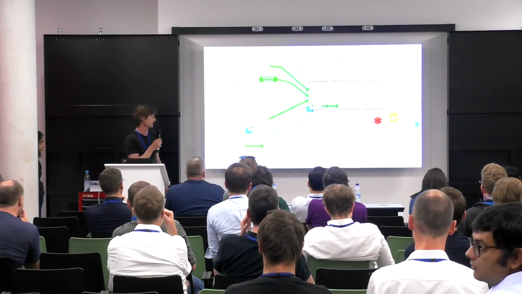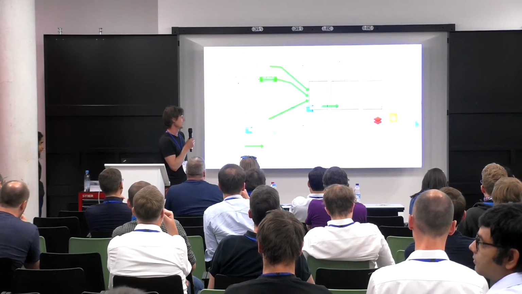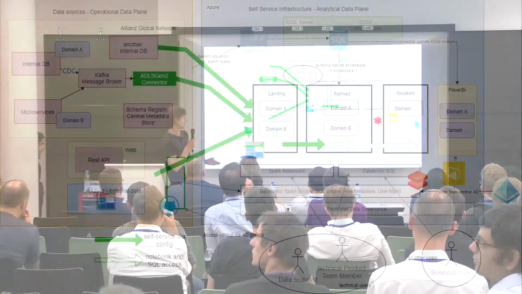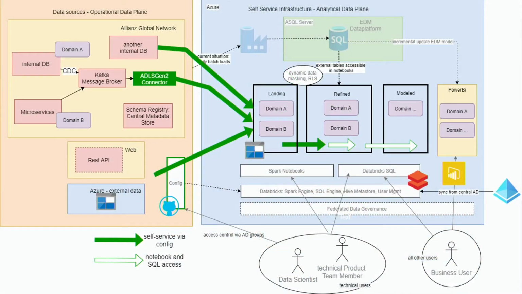Then once the data is in the landing zone, the business can, by updating a configuration file, spawn a Spark job which adds necessary metadata, transforms it into Delta tables, and makes it accessible to the business on the refined layer.